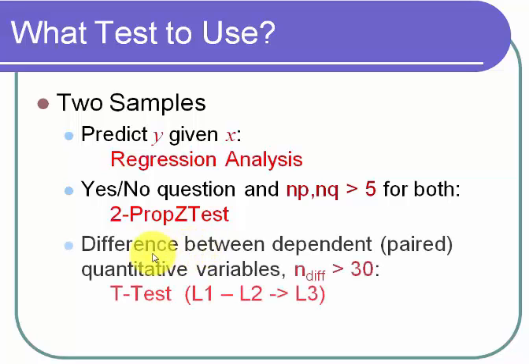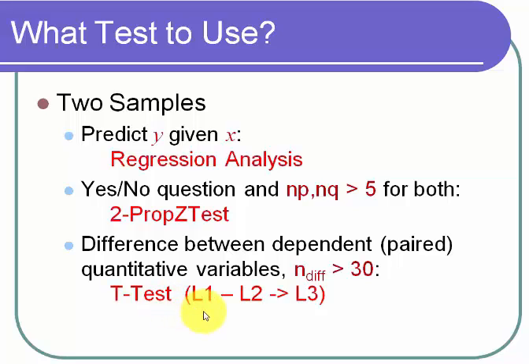If we're looking for the difference between 2 dependent variables, so if we ask the same person two questions and we want to find out if there's a difference between their answers, or if we have, say, one day and there were two areas' temperature on that day, and we want to find out if there's a difference in temperatures, and they're both quantitative, and we have surveyed more than 30, then we can use just a regular old t-test.